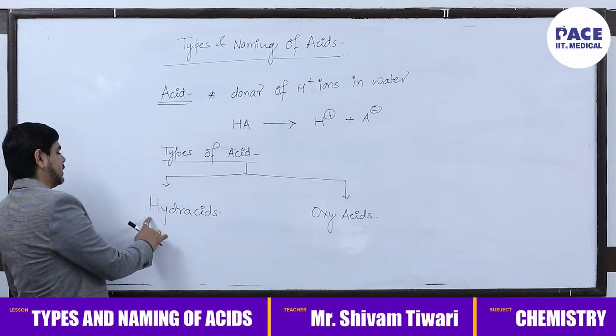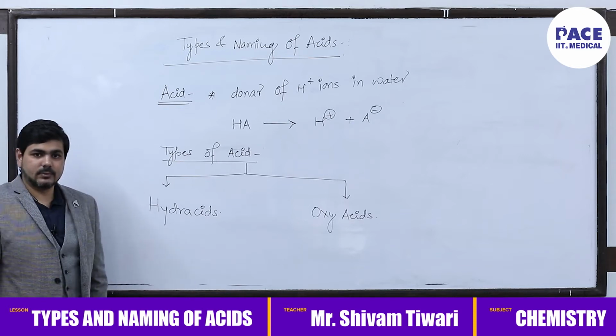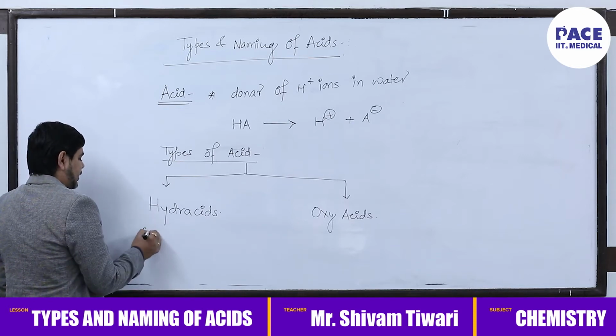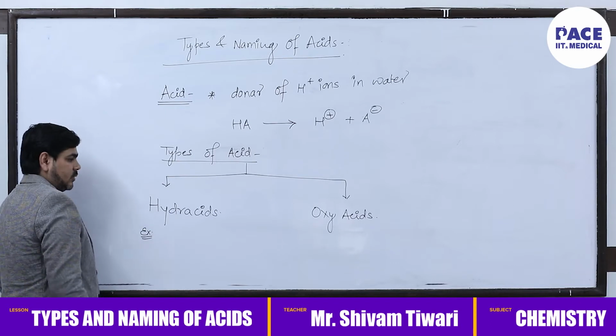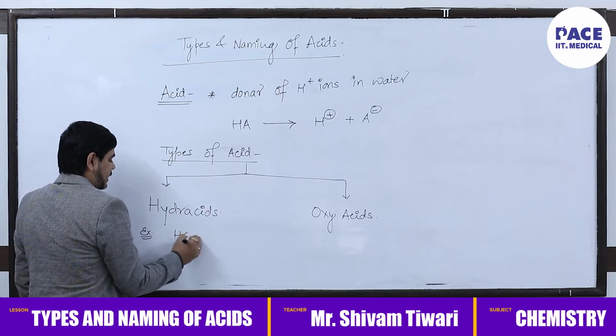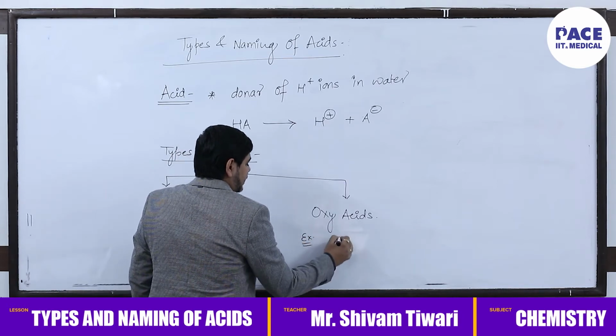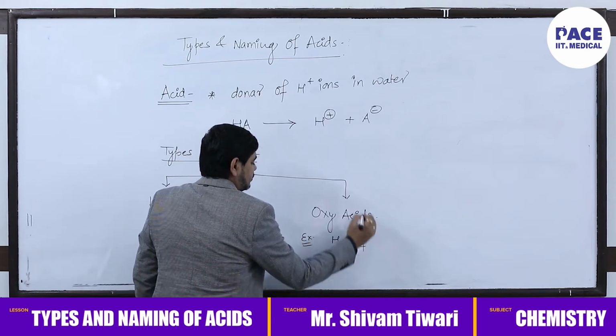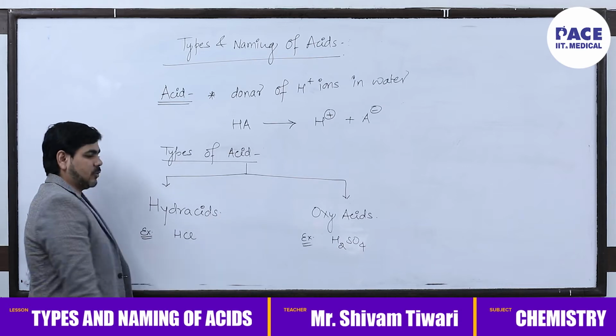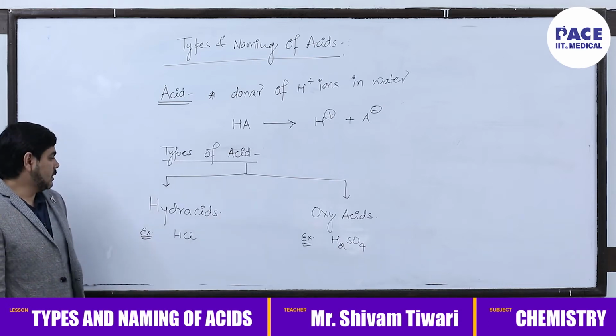Now what is the difference between hydroacid and oxyacid? I will write one example, then you will be able to figure it out. One example of hydroacid is HCl. One example of oxyacid is H2SO4. Both are strong acids, but what is the difference?